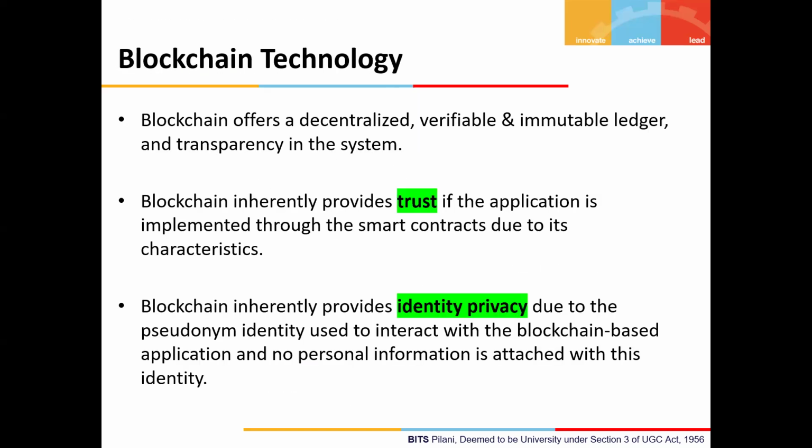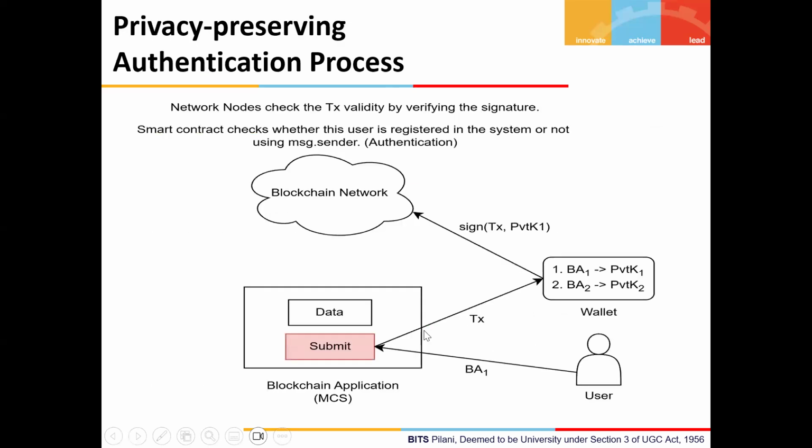Okay. And now we are saying that inherently it provides identity privacy. So here I'm just trying to show the authentication process. Like here we have an application. You can consider it as a browser. So you are submitting some data, and this is a submit button. So when you click on this submit button, the transaction will go to the wallet, right? And this wallet has a key pair.